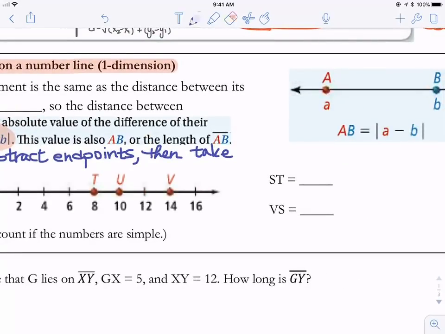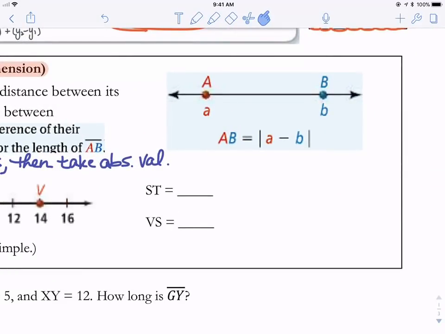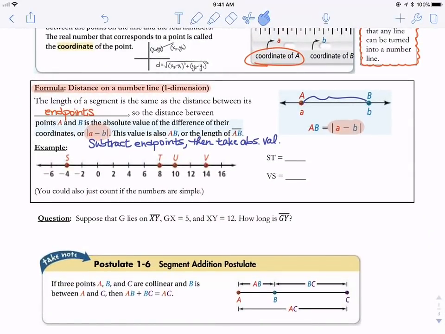And again, the purpose of absolute value is to make sure our distance is positive. So absolute value does not change a non-negative number, but a negative number will then become its opposite. So again, the distance between points A and B is the absolute value of the difference of the endpoints. So it doesn't matter if we go big minus small or small minus big.